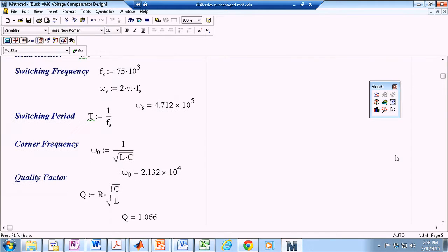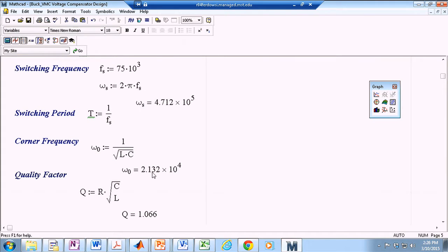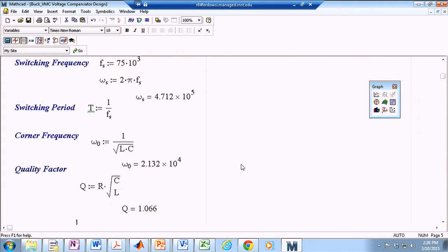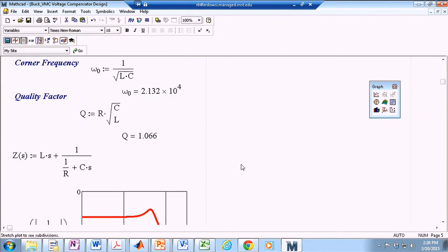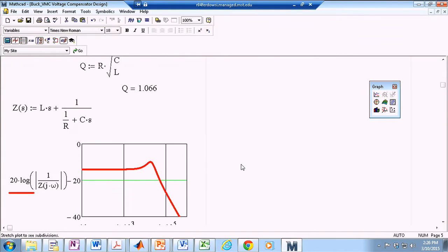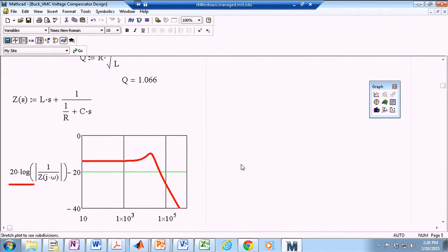The corner frequency is about 20,000, and the quality factor is about 1, and this is our output impedance, which is the impedance of the L and the C and the R.